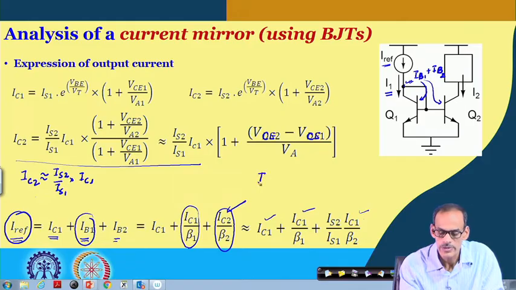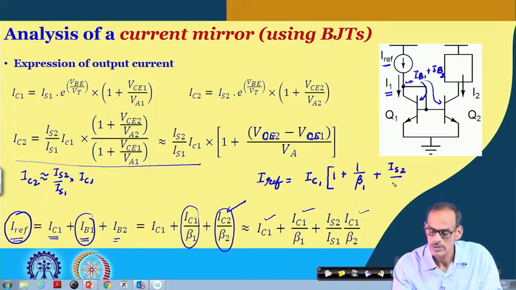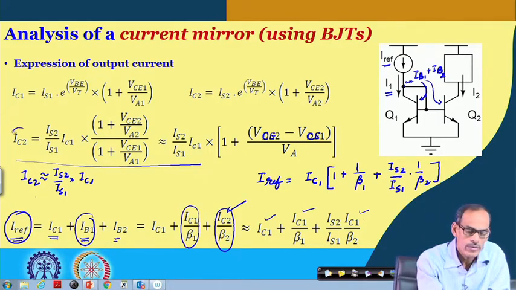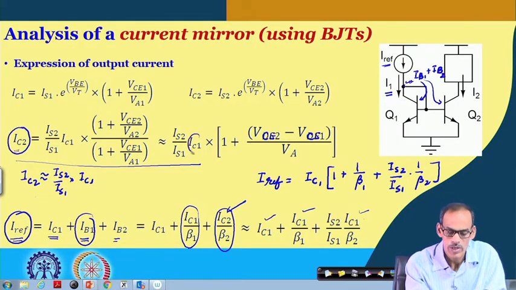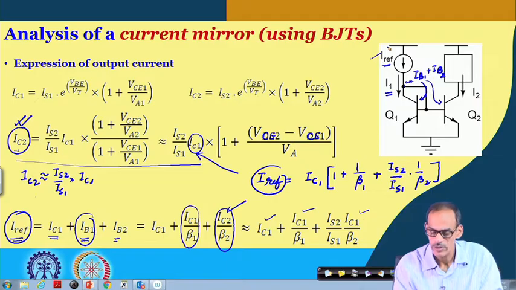We can say that IREF equals IC1 multiplied by 1 plus 1 by beta1 plus IS2 divided by IS1 into 1 by beta2. So, so far we have the IC2 expression in terms of IC1, and then the expression of IC1 can be placed here, namely IREF divided by this factor, to get the final current in terms of the reference current. In the next slide we will be doing that.